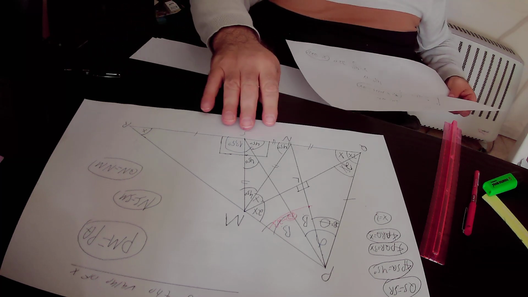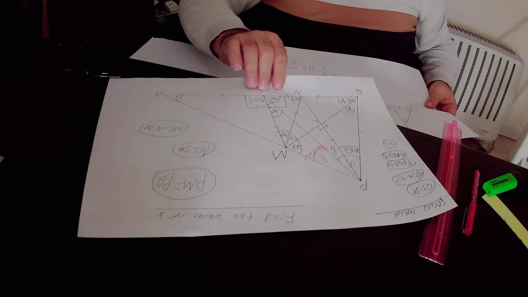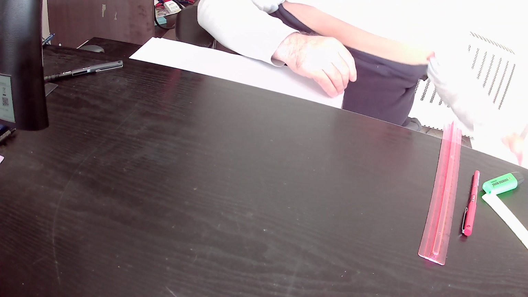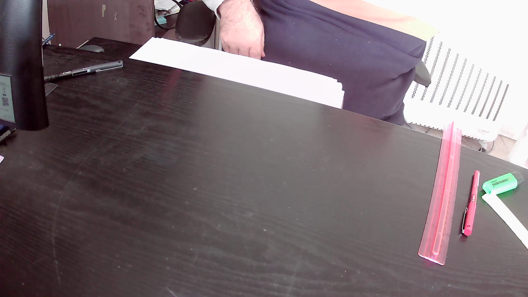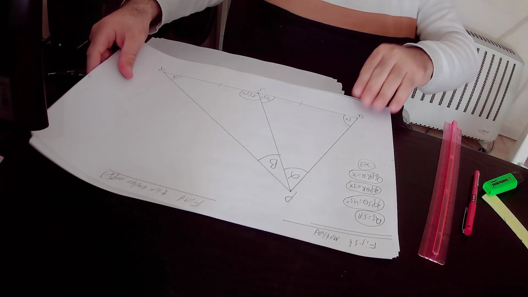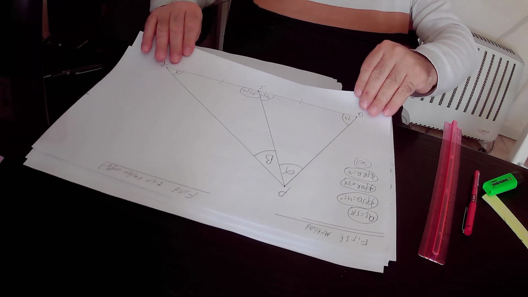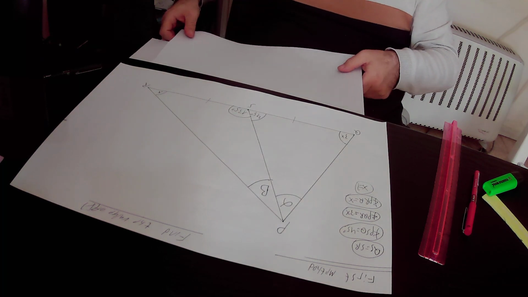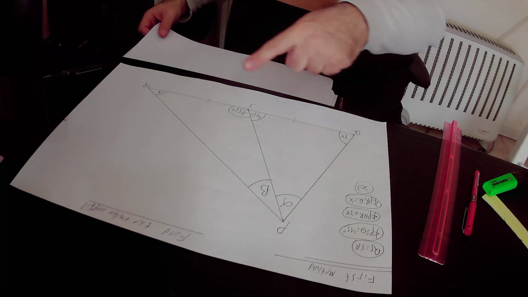So in the next step I will summarize the lecture. So in the first method, here we have triangle PQR.